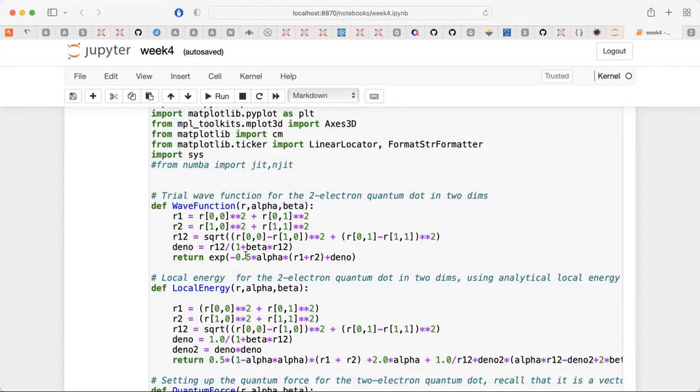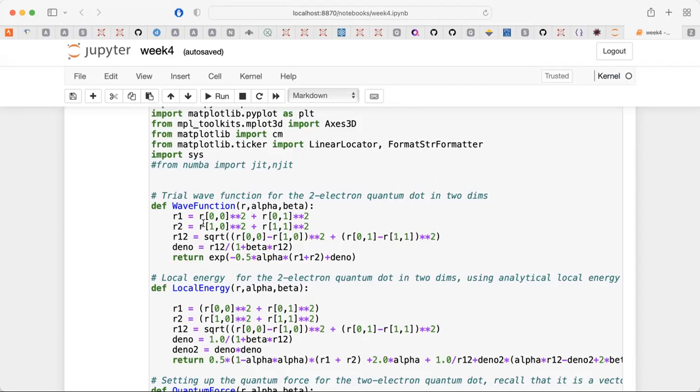I have a variational parameter alpha on the single particle piece. My wave function is the product of two harmonic oscillator functions, which you can see here in 2 dimensions. So this is 2 electrons in 2 dimensions, and they interact with a Coulomb interaction.